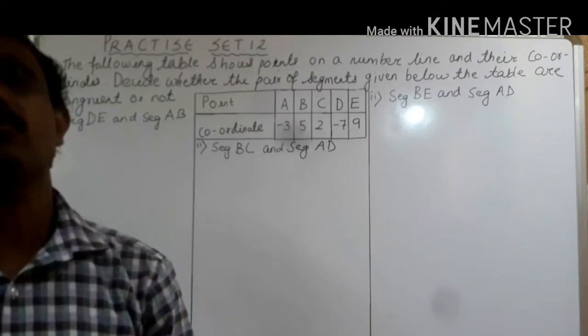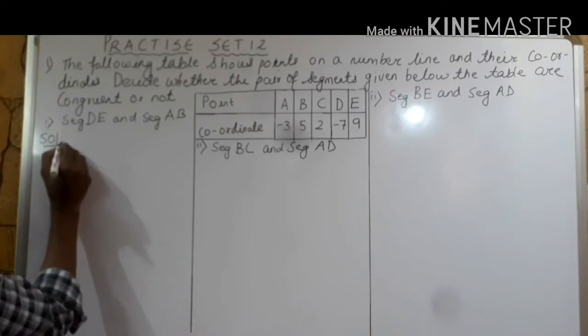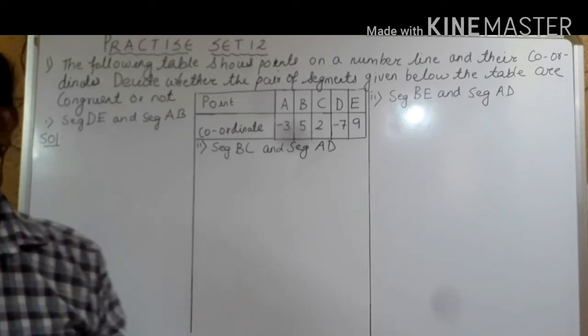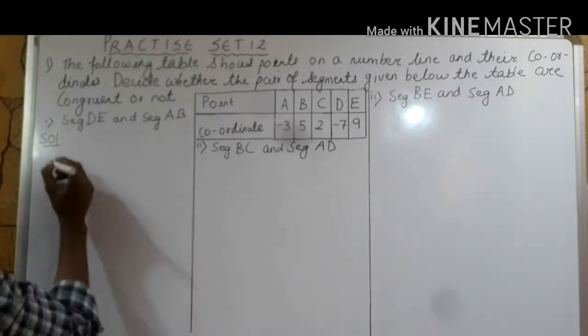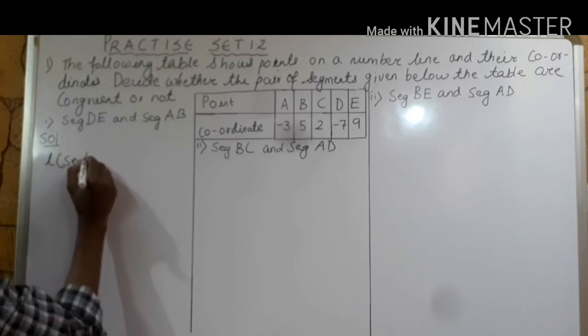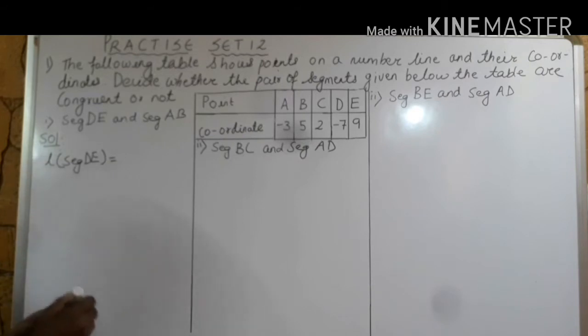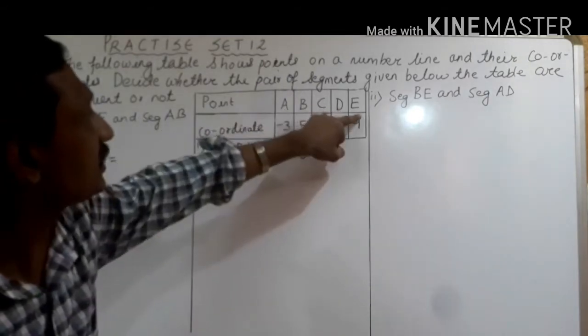So we start with the solution. Let's find the length of segment DE. Length of segment DE is equal to, where is D? D is here. Where is E? Here.